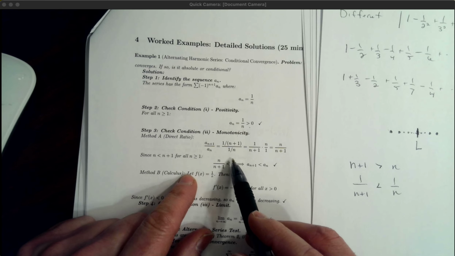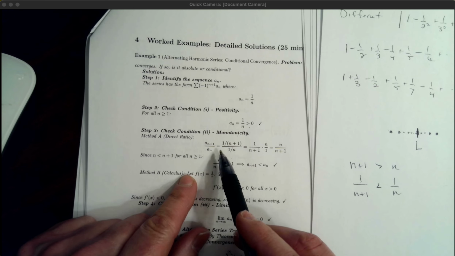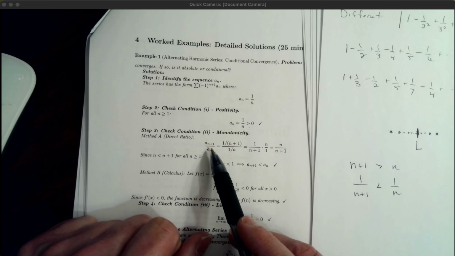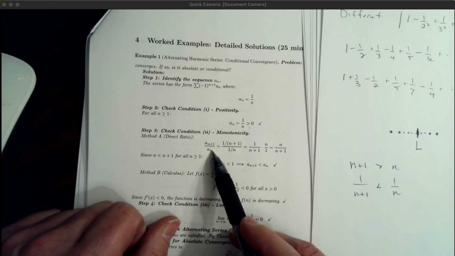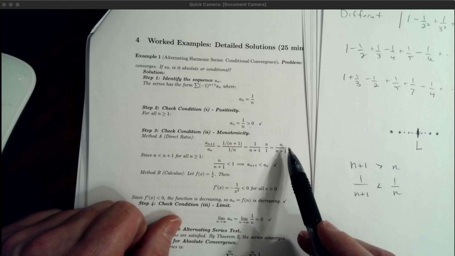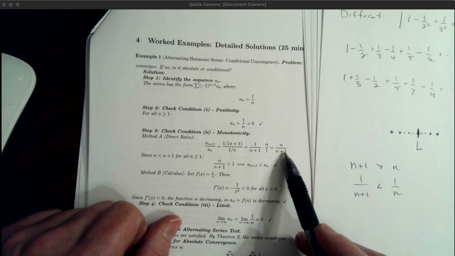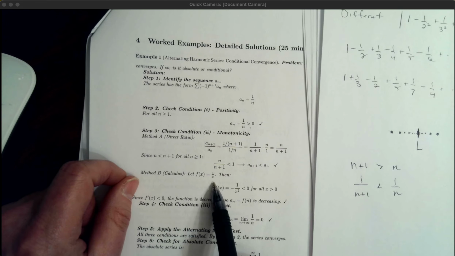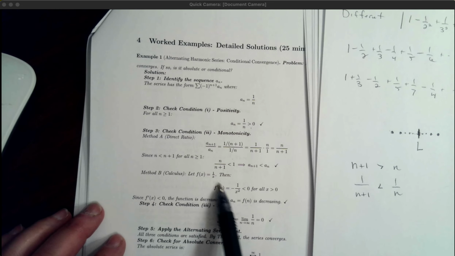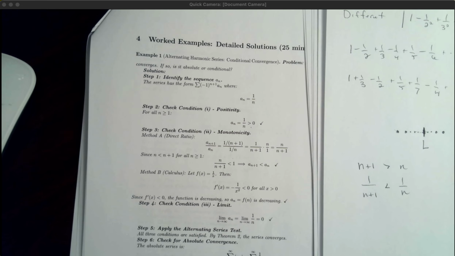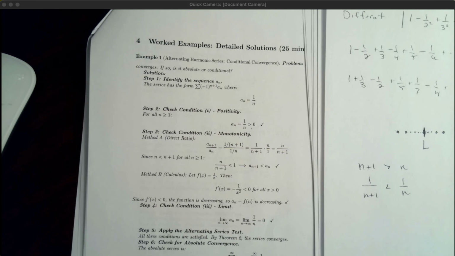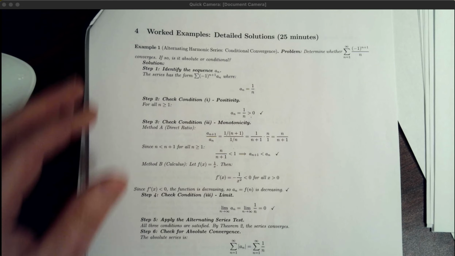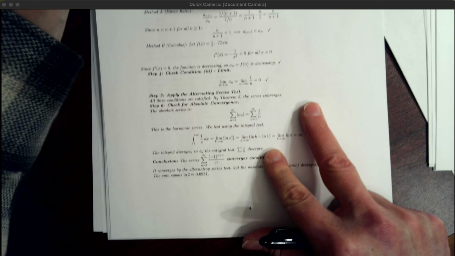They did something a little fancy here, which we'll actually look at later on in another section. Ratios. They did the ratio of the n plus 1 to the nth term, and they divided them, and then they realized that n over n plus 1 is always less than 1. You could also use calculus and take the derivative of 1 over x, and its derivative is negative. So once again, the function 1 over n is obviously decreasing. We know that already. Okay, so we got that.